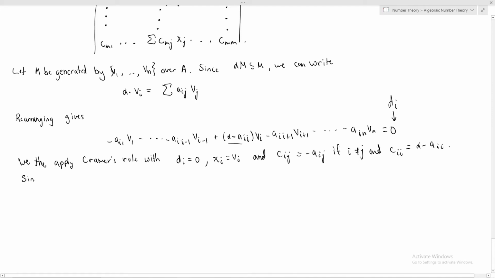Notice that C sub j has a column of zeros. So if I replace the jth column with all these d sub i's, which are all 0, I'm going to have a column of zeros. That's going to have determinant 0.